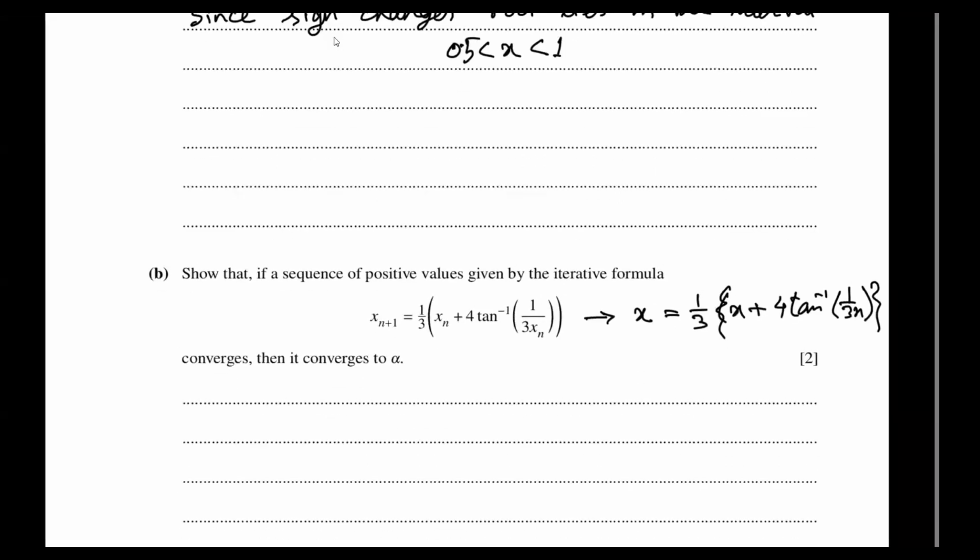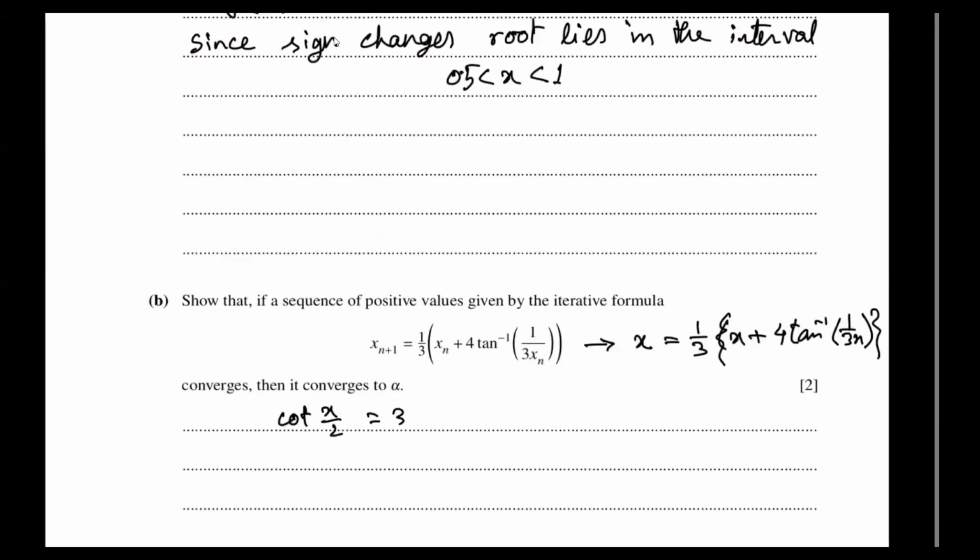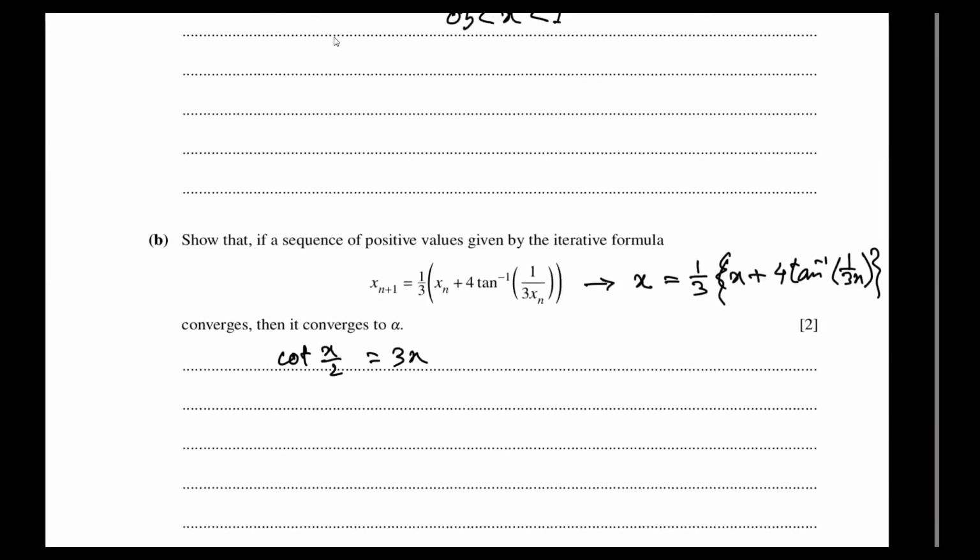So our original equation is cos x by 2 equal to 3 from this one. So we divide this, cot... 1 by 10 by 2 by 6.